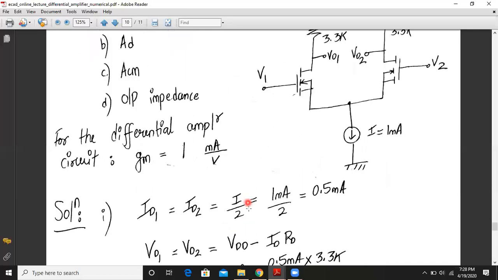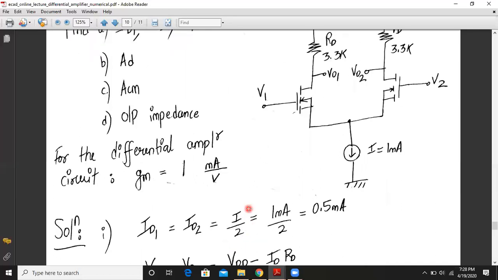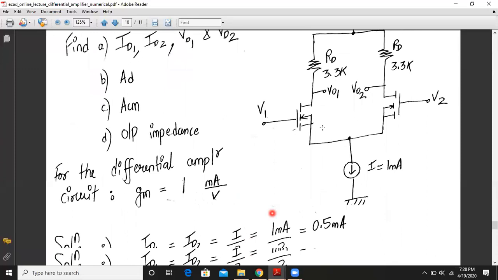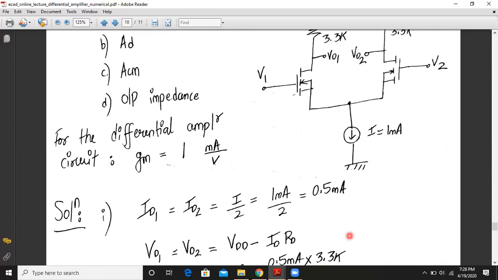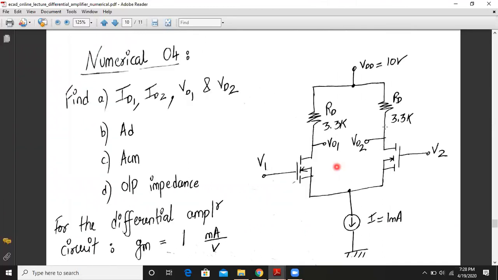For the first case, we need to find ID1 and ID2. As we have earlier seen, ID1 plus ID2 will be equal to 1 milliampere. So ID1 and ID2 contribution will be around 0.5 milliampere each. Now VD1 and VD2 will be VDD minus IDRD.